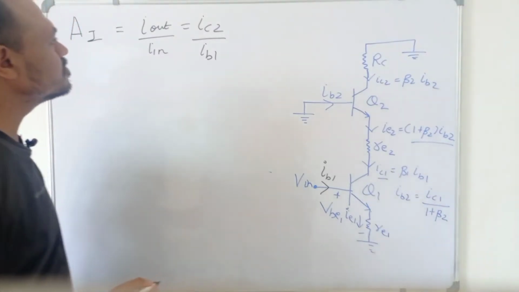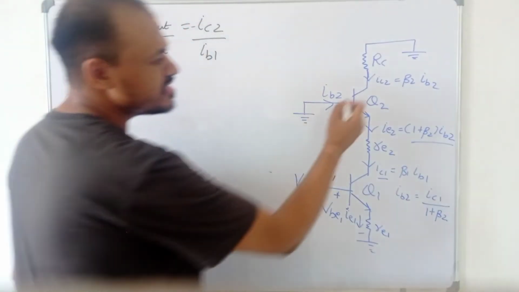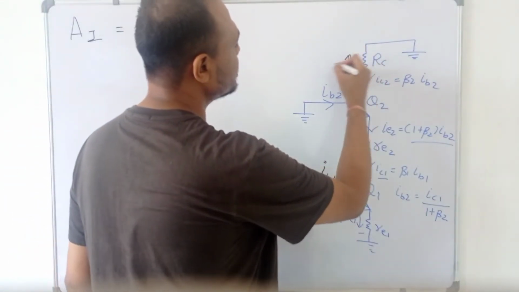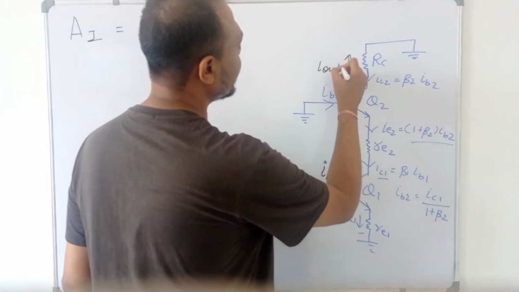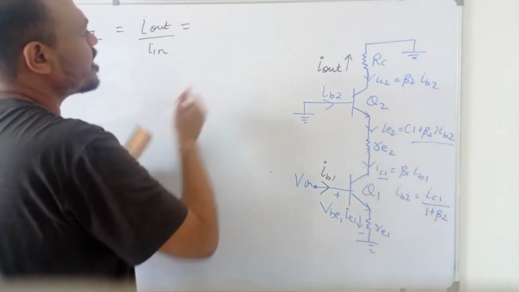Actually, I out will be equal to minus IC2 because I out is in opposite direction to IC2. So I out is equal to minus IC2 upon IB1.